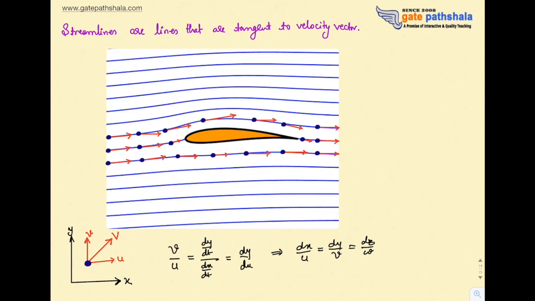As you can see, the velocity vectors on top of the aerofoil, the magnitude of the velocity vector is increasing when it passes over the airfoil, and as it passes under the airfoil, the velocity vectors are decreasing.